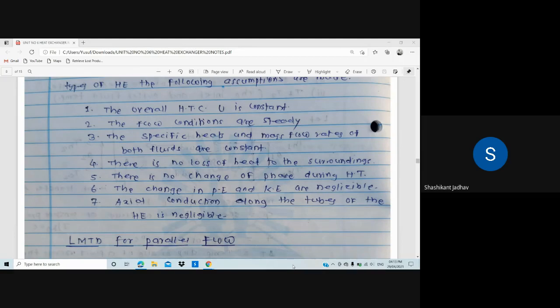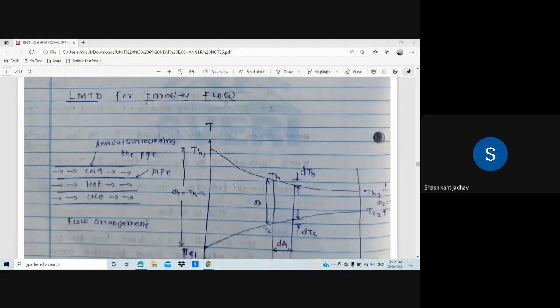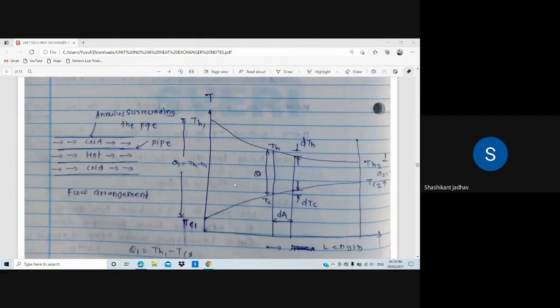Okay. So these are the assumptions we are considering for deriving the expression for the LMTD.